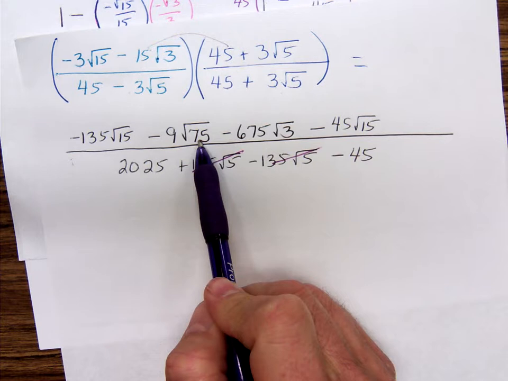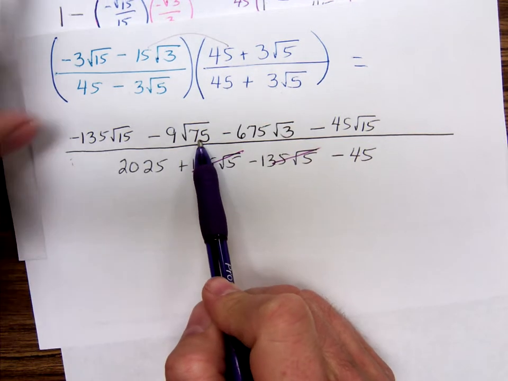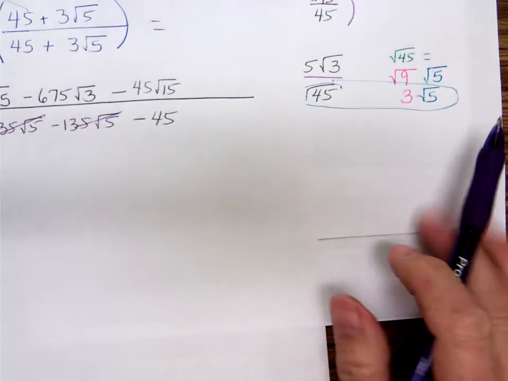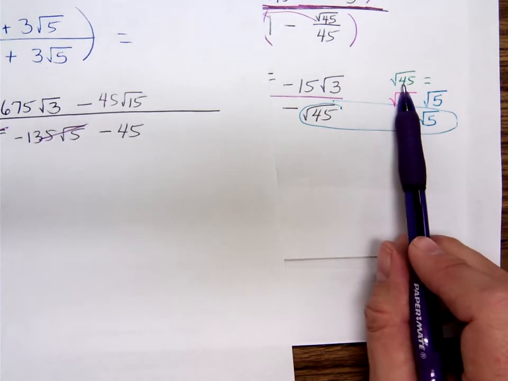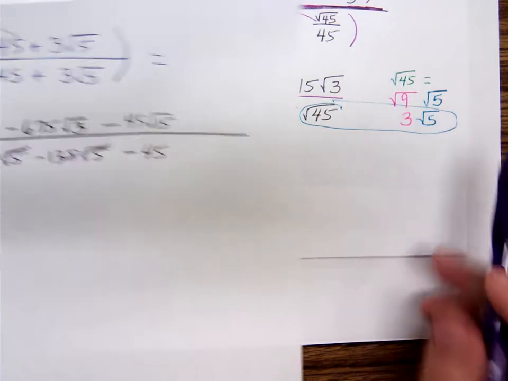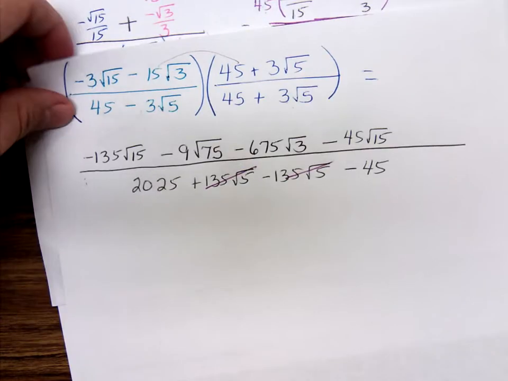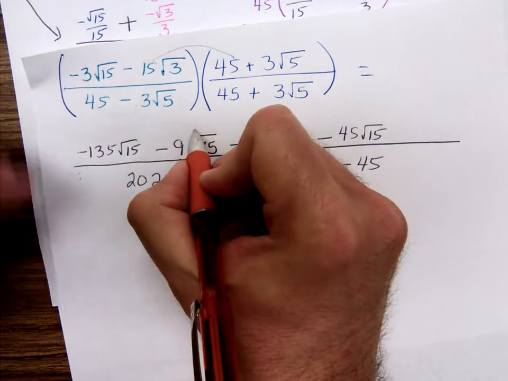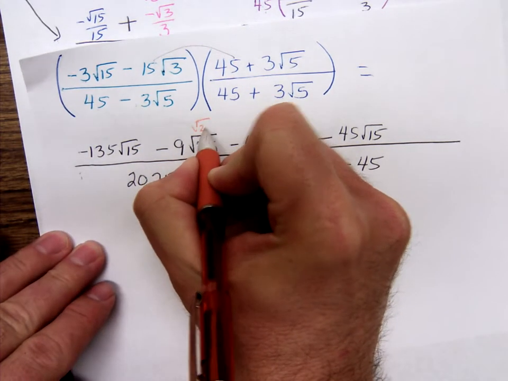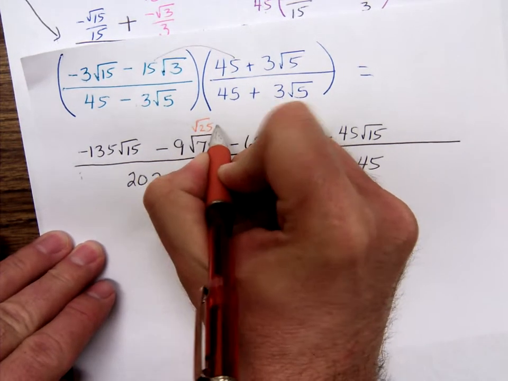So the way I'm going to do it is what I did over here. Rewrite the number as a product, like I did with 45. I went 9 times 5. Well, with 75, I'm going to write that as 25 times 3.